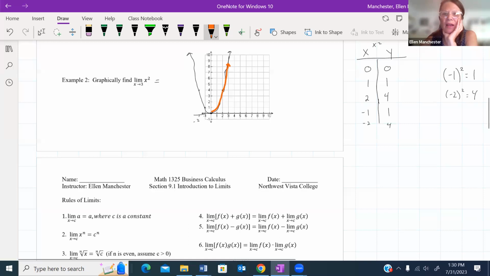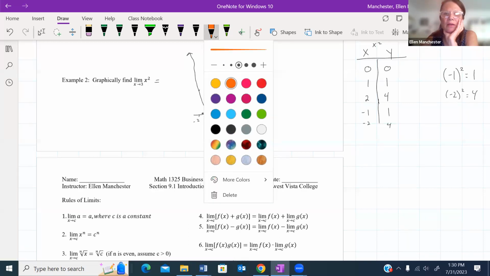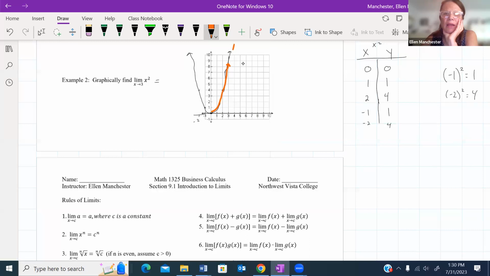And then my right finger is coming in from the right side, also heading towards x is 3. My fingers are meeting right here, which when I look over here, my limit is 9.